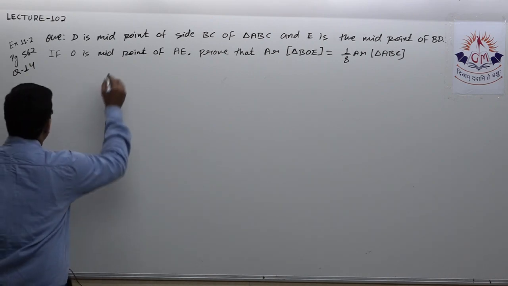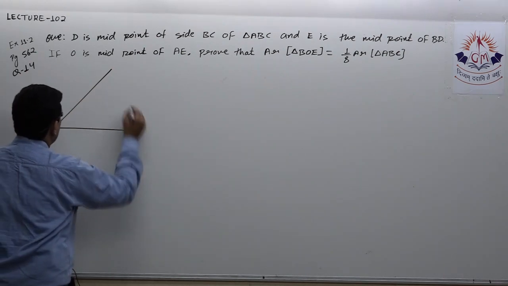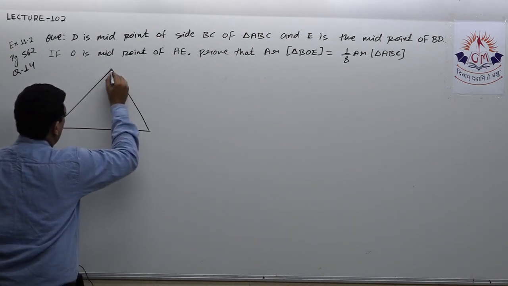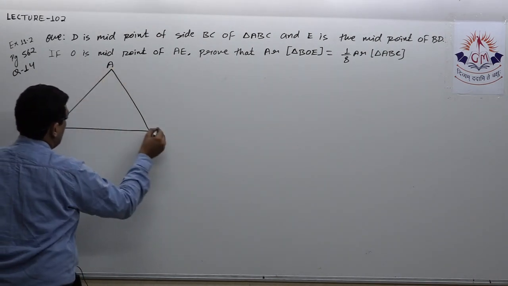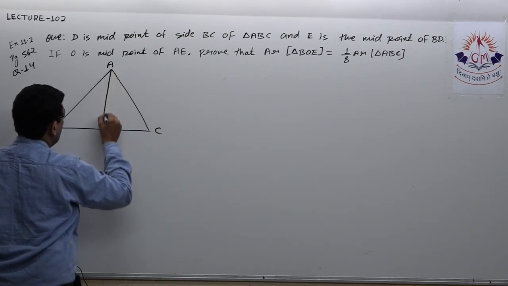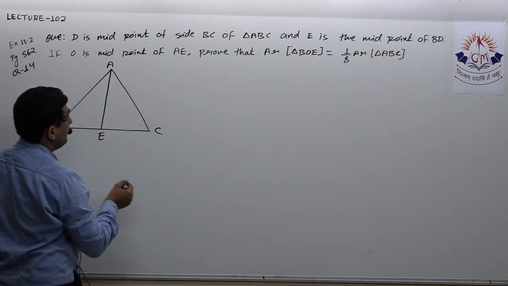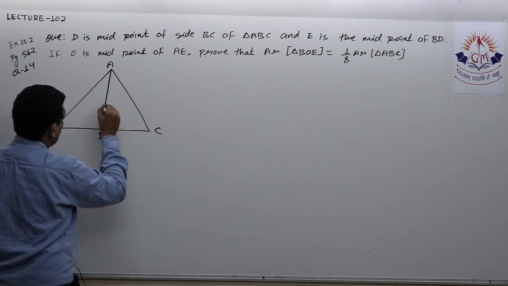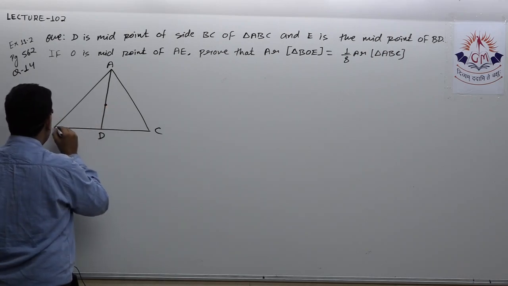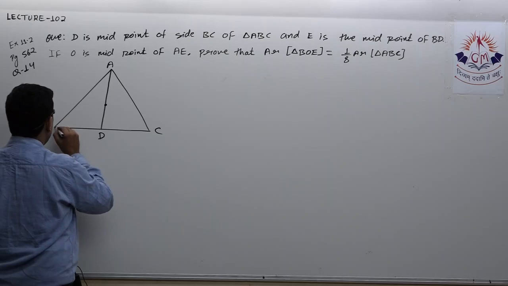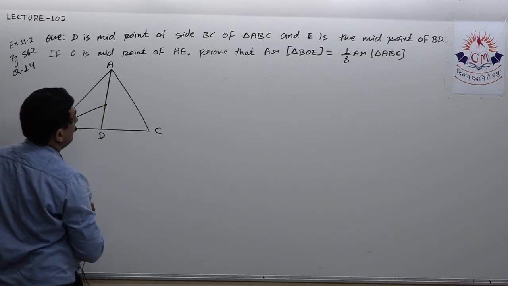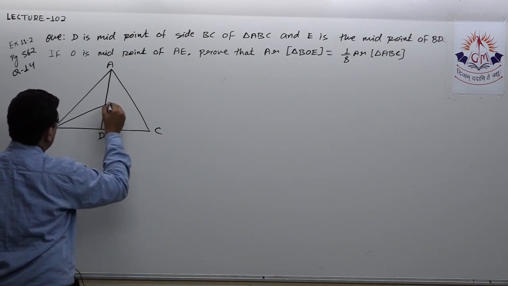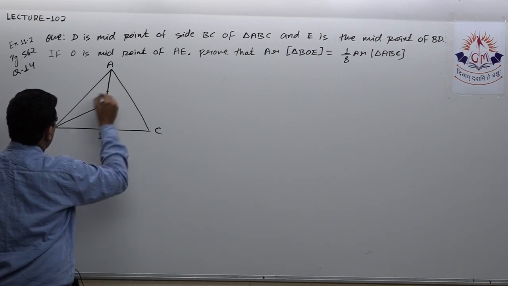Okay, so let me draw the diagram first. It is given that D is midpoint of BC, and E is midpoint of AD, and O is midpoint of AE.